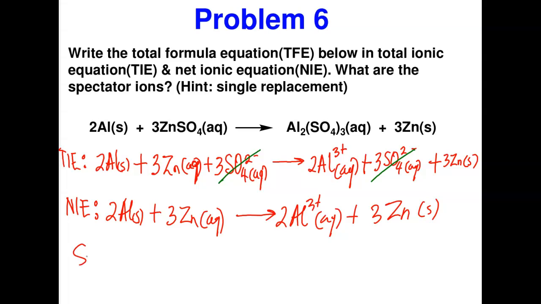And then the only spectator ion here will be sulfate 2 minus. That is the only spectator ion at these points.